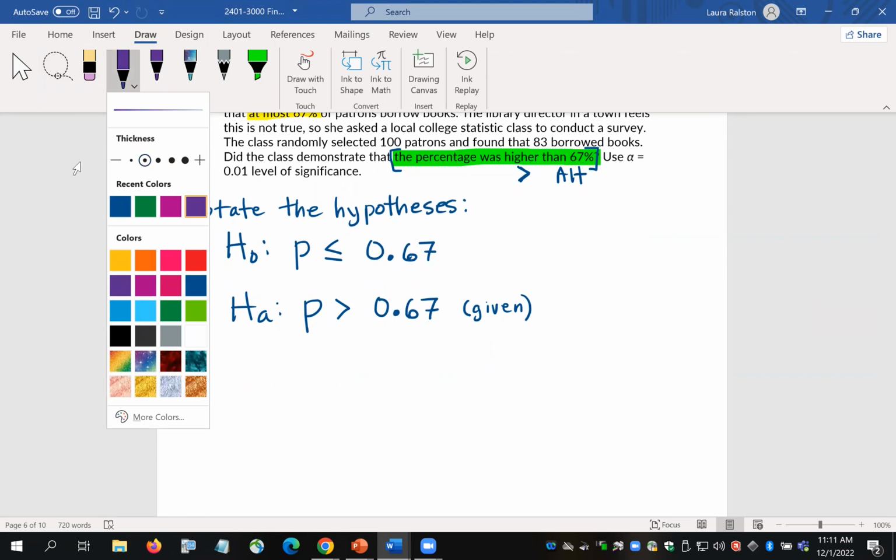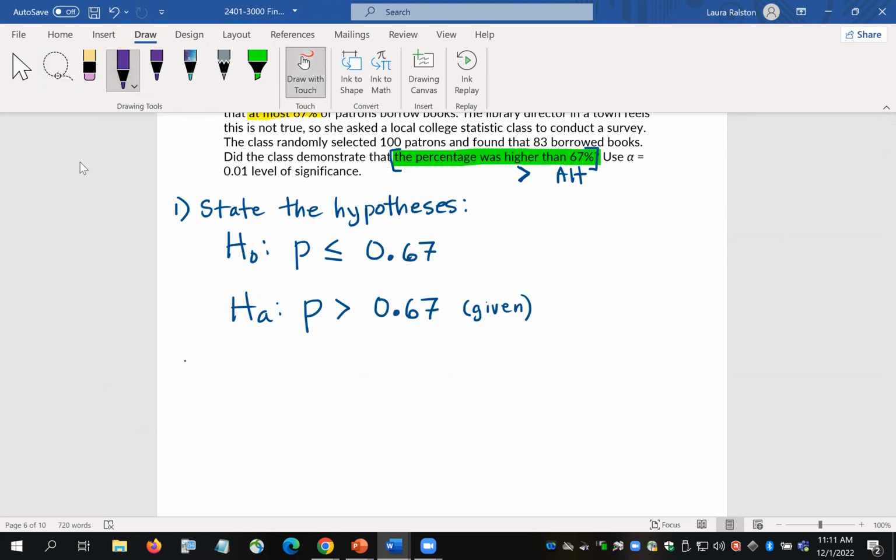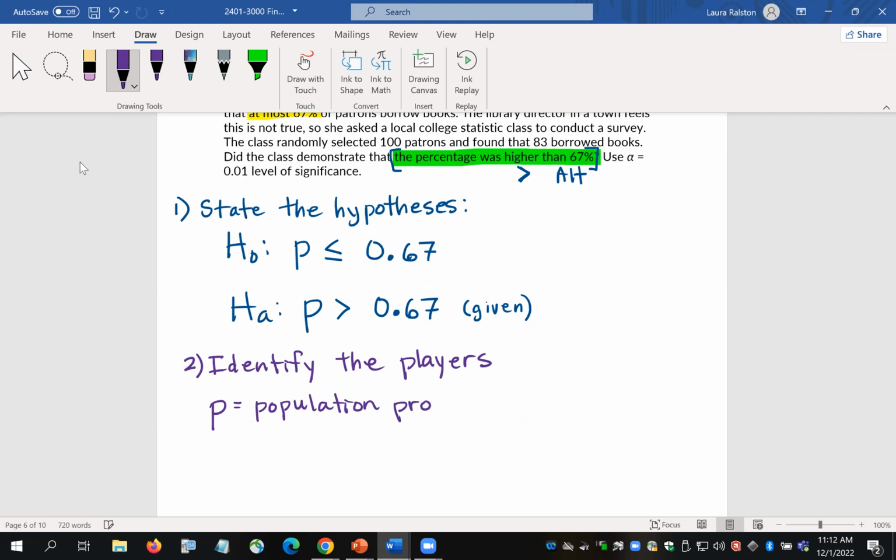In step 2, we identify the players, and you may have forgotten what the players are for a proportion test. You need P, which is your population proportion, and that's going to come from the hypothesis.